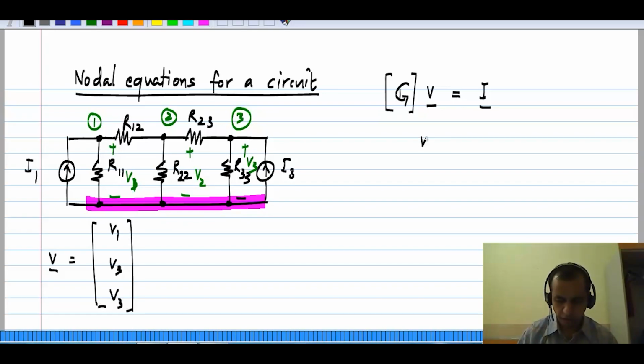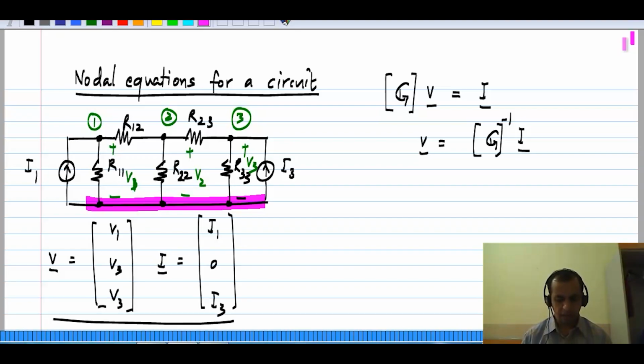And this is what we solve for. When we invert the matrix and multiply by the vector of current sources, which in this case is I1, 0, I3. Okay. Now what did we want to solve for?